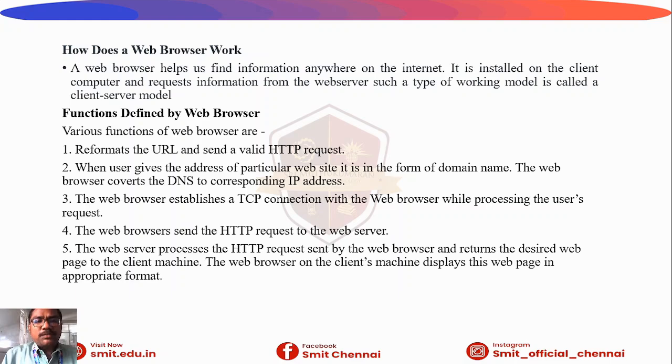Then after doing this process, the web browser establishes the connection with the server, and thereby it places the request. Then after placing the request, the web server processes the request, and after processing, the server responds to the browser by displaying the appropriate web page.